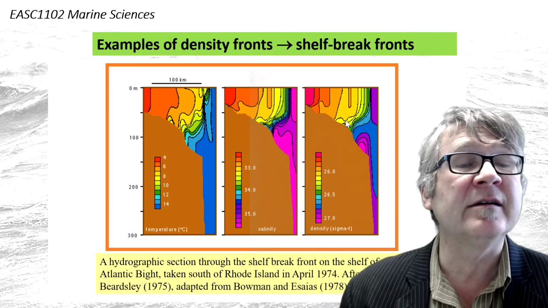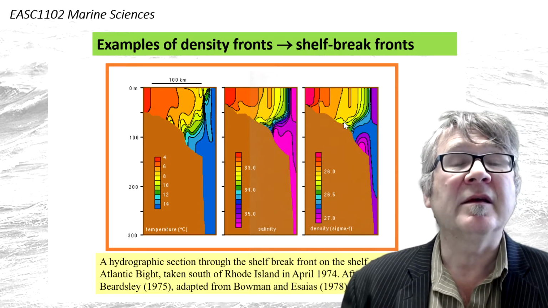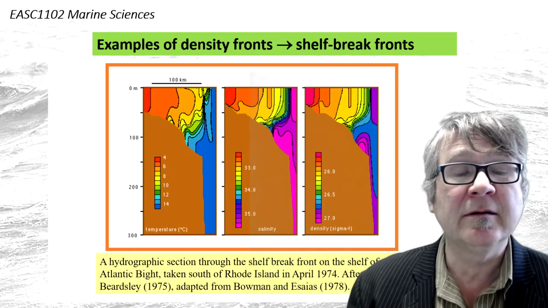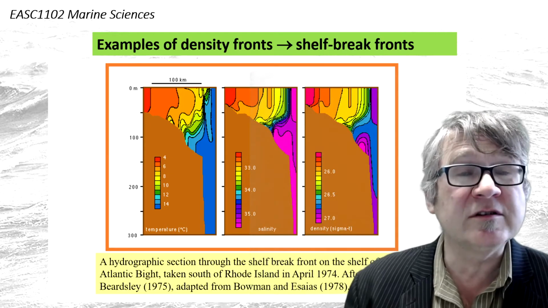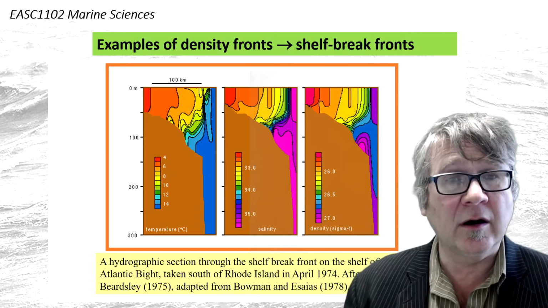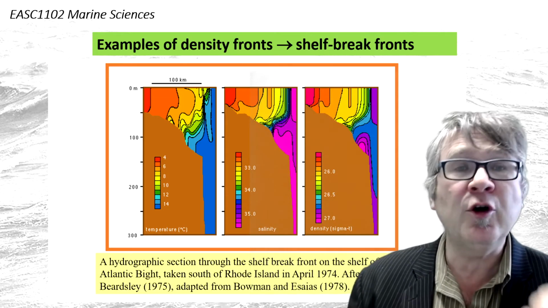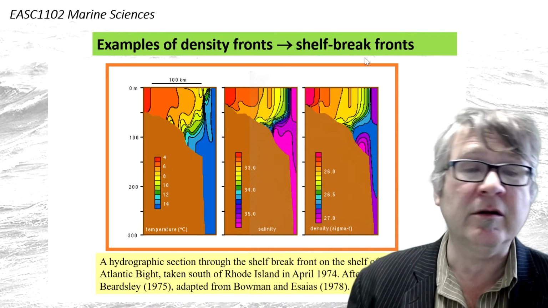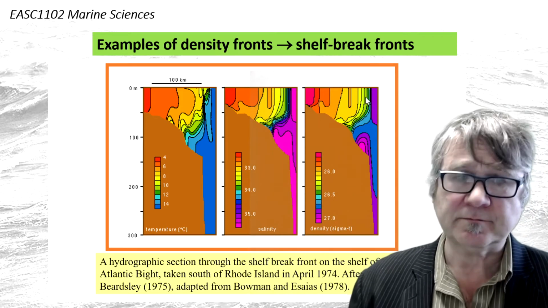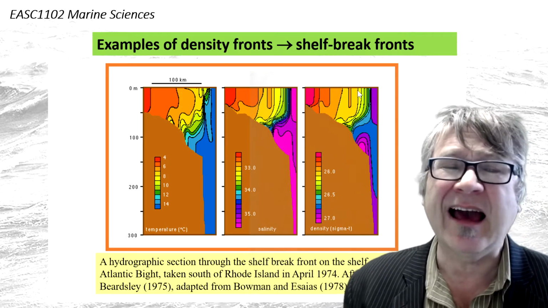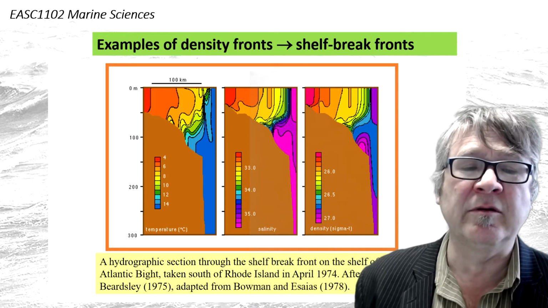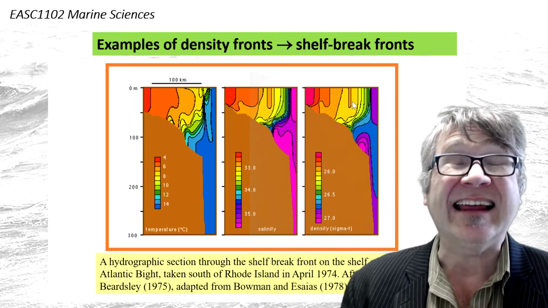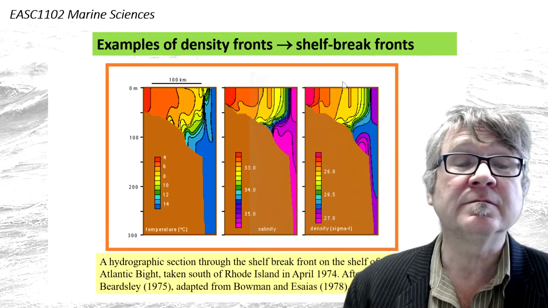And on the right hand side, you can see the density structure. Again, sigma t, you have to add 1000, and then you get the weight of seawater per unit volume, per cubic meter in volume. Now you can see that here horizontally, these lines are contours. Colors can be misleading, but if you look at it for a little while, you can see that there's lighter water here on the shelf.